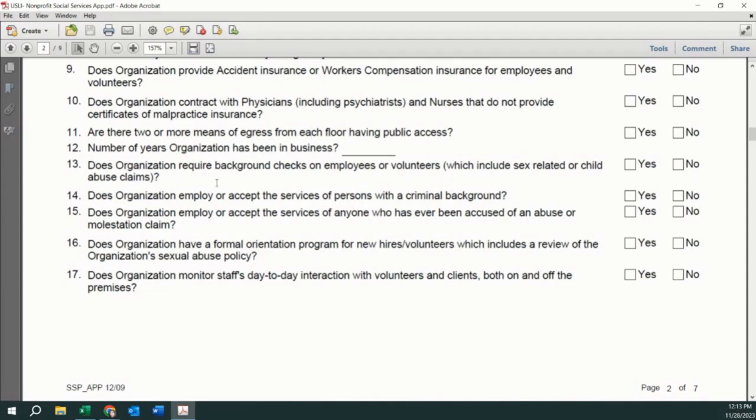We do background checks on employees, volunteers, and residents because as the CEO, that is what I would like to happen. So that way we know what people's backgrounds are. Now, we also take backgrounds on the residents, just so you know. So residents are not on line number 13.